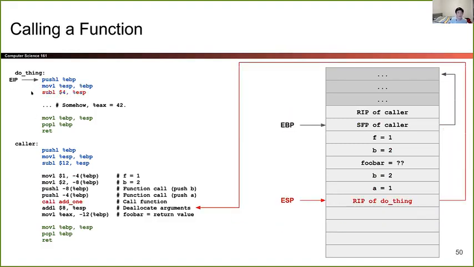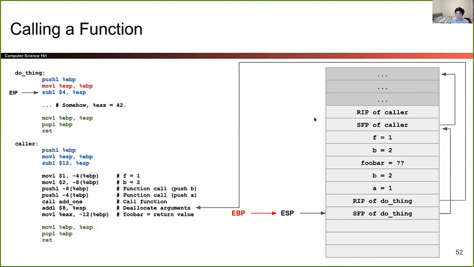But we're going to start executing the function prolog of do thing. So again, we push the value of the EBP. Now the SFP is pointing to where the EBP currently is, and then we're moving the EBP downward. So now we're ignoring this stack frame, and we're going to start dealing with memory down here. In this function, we have a local var for do thing. We're just assuming it only needs 4 bytes of memory for one local variable. So that's where that's going to be allocated.